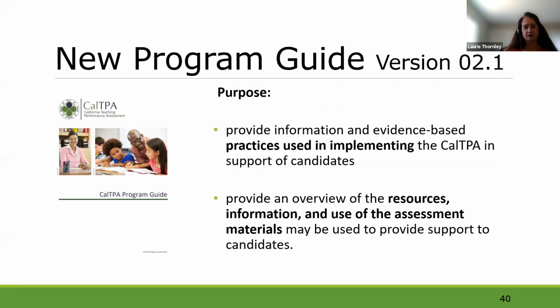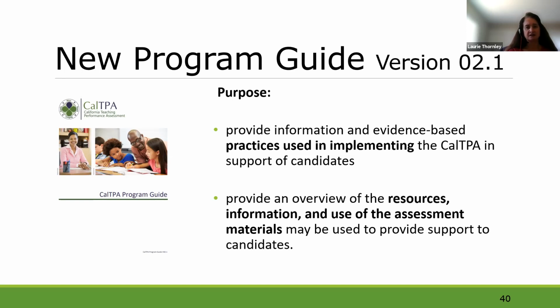Also, you've heard Zoltan and Cassandra reference the program guide a couple of times during today's presentation. The program guide is separate from the Cycle 1 and Cycle 2 assessment guides. It was designed as a companion guide for faculty and staff to provide more resources for supporting candidates with the assessment, some of the foundational concepts behind the design of the CalTPA, and more insight into the CalTPA.